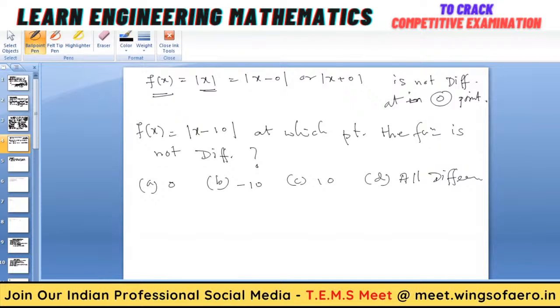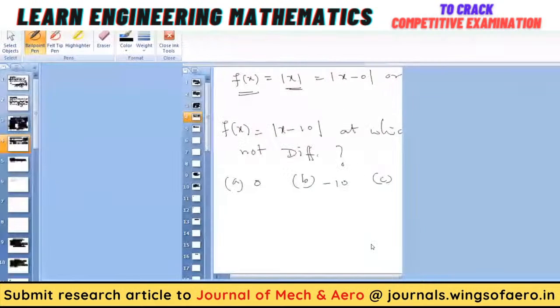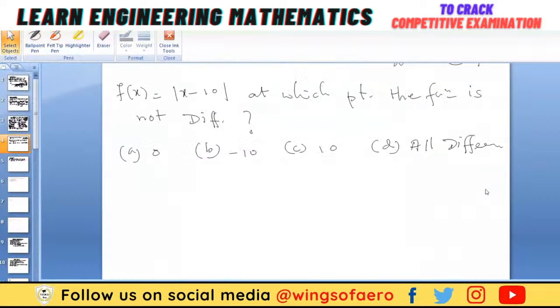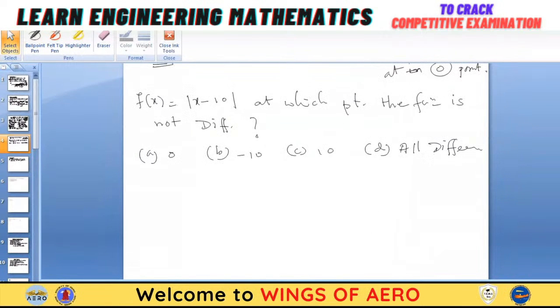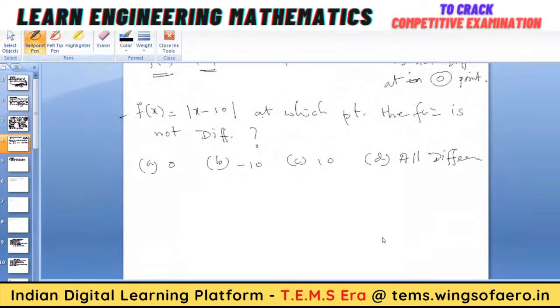At 10, sir. Okay, please write down in the chat box, everybody. If the function is given as f of x is equal to mod of x minus 10, then at which point is the function not differentiable?